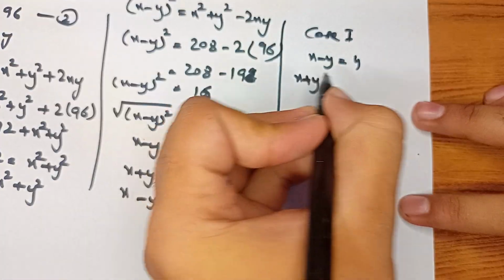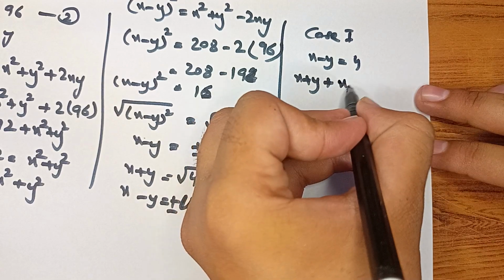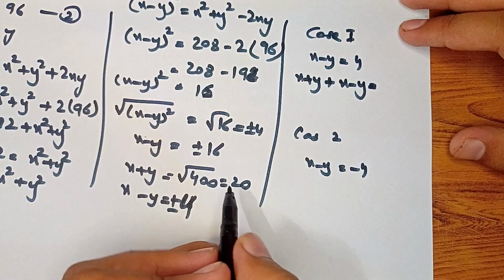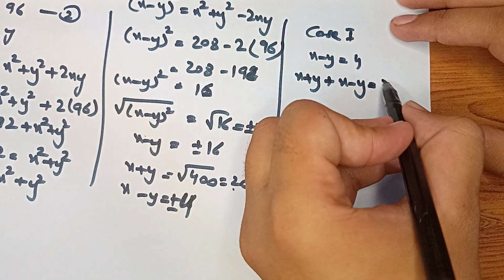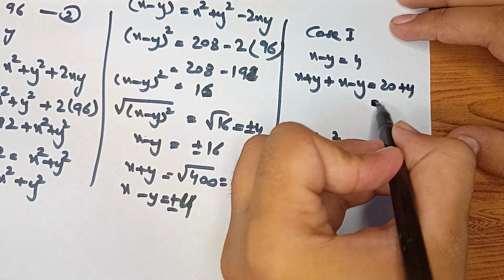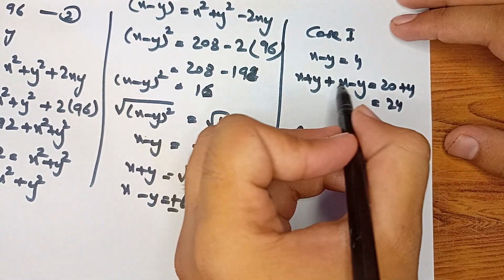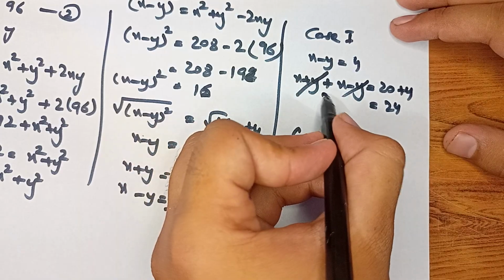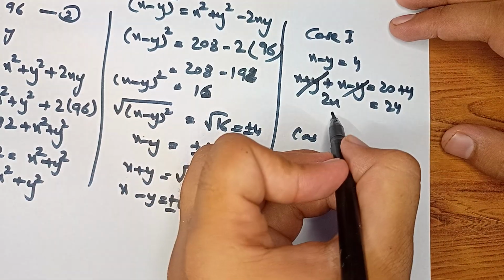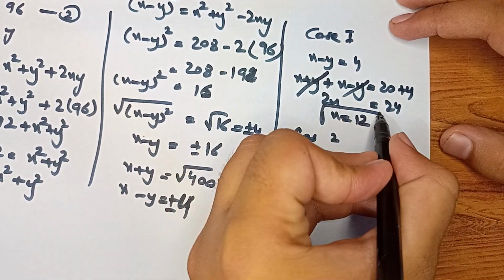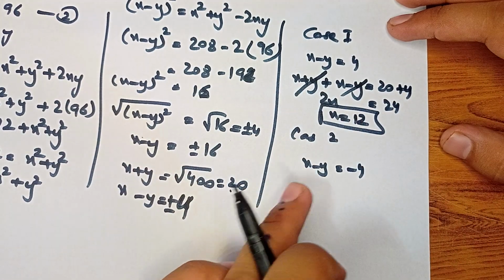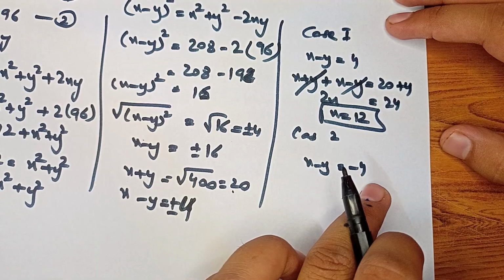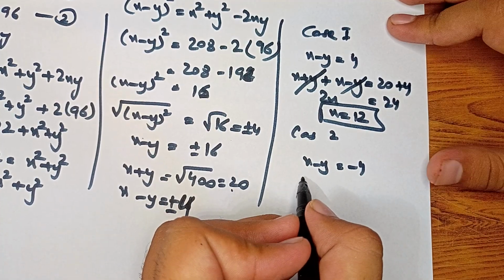So x + y plus x − y is 20 plus 4, which is 24. The −y and +y cancel and 2x remains, so x should be 12.